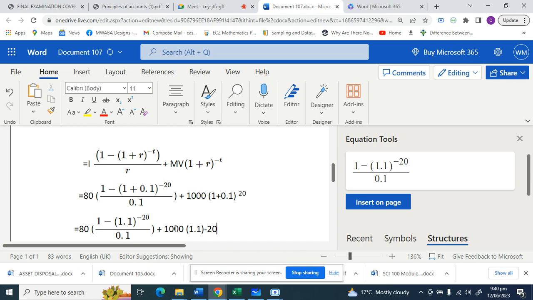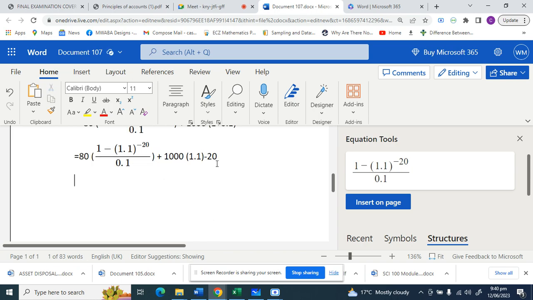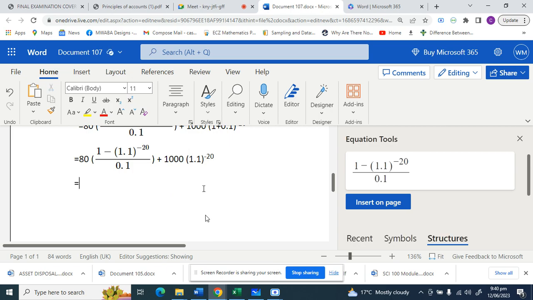As I'm putting it in the steps, let's be calculating. 1.1 to the power negative 20.